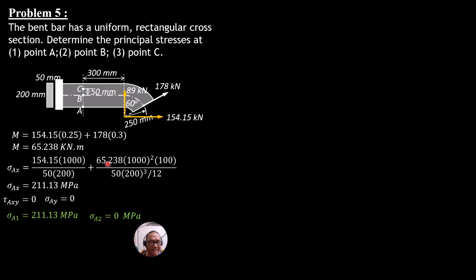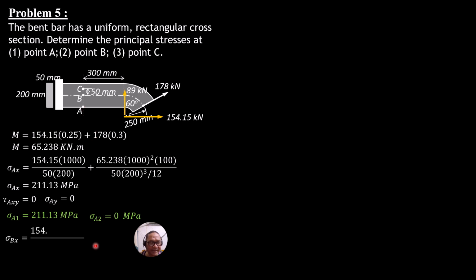Bending is 0. Then there is a shear effect from the 89 kilonewtons because point B is at the neutral axis. The maximum shear stress at B is 3 times shear over 2 area, 2BD. By the way, the minimum normal stress at A is 0.